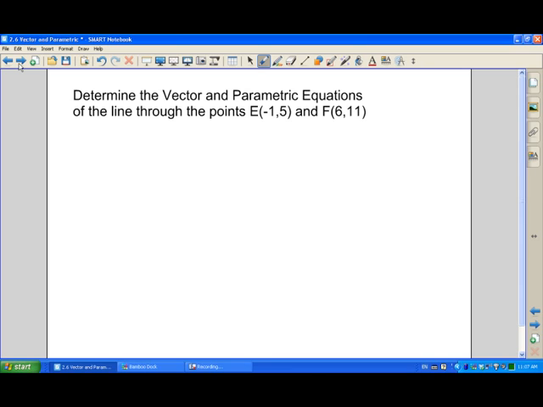And I think I'll leave you with this question to try on your own, and we will do this first thing tomorrow. Determine the vector and parametric equations of a line through the points E and F. In addition, once you've done that, find the x-intercept and find a line perpendicular to your answer.